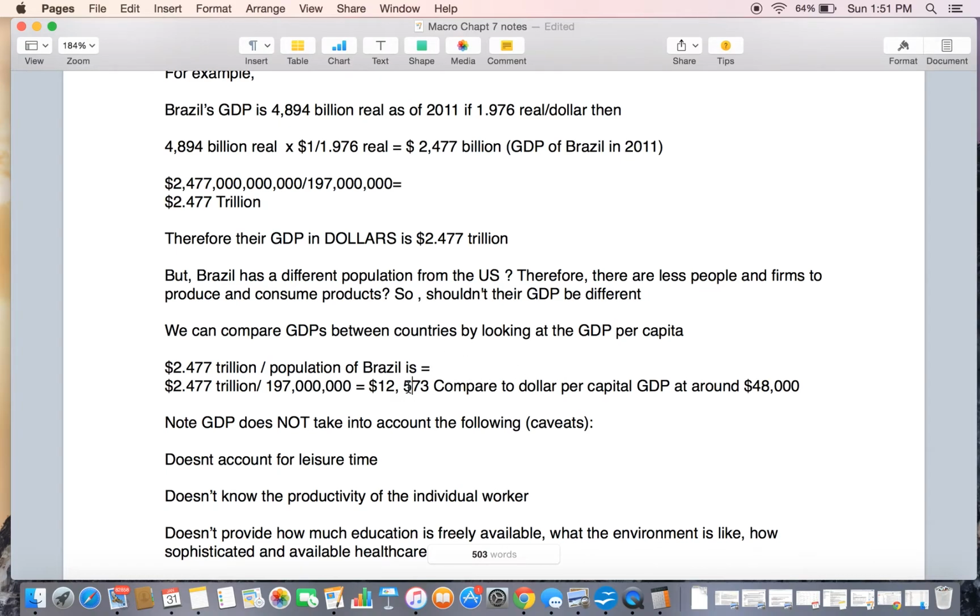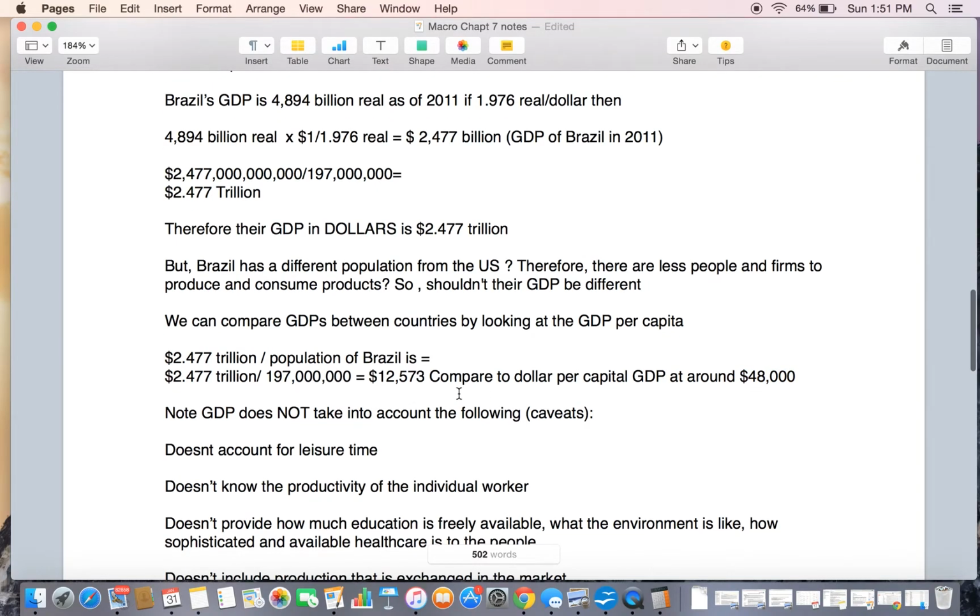So the per capita GDP is $12,573 per person, compared to the United States per capita GDP of 48,000 US dollars per year.